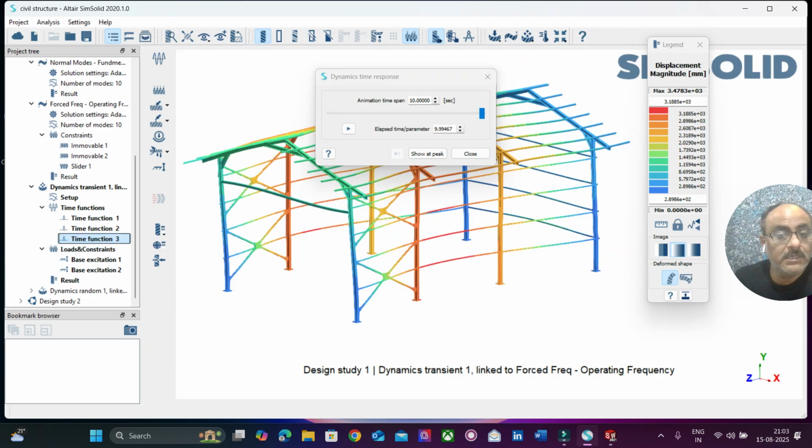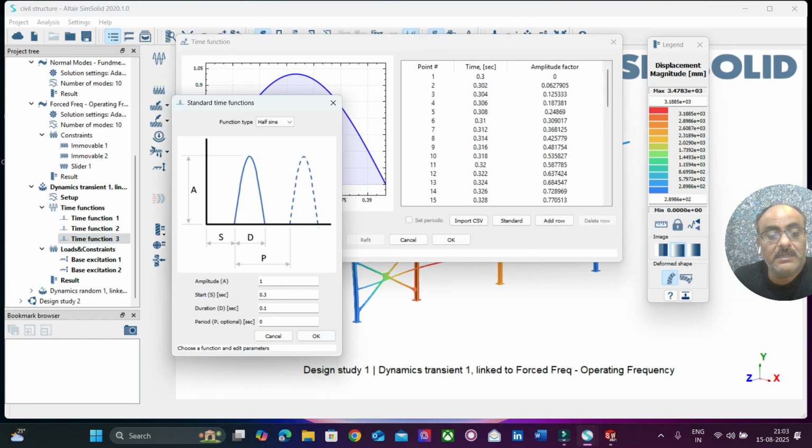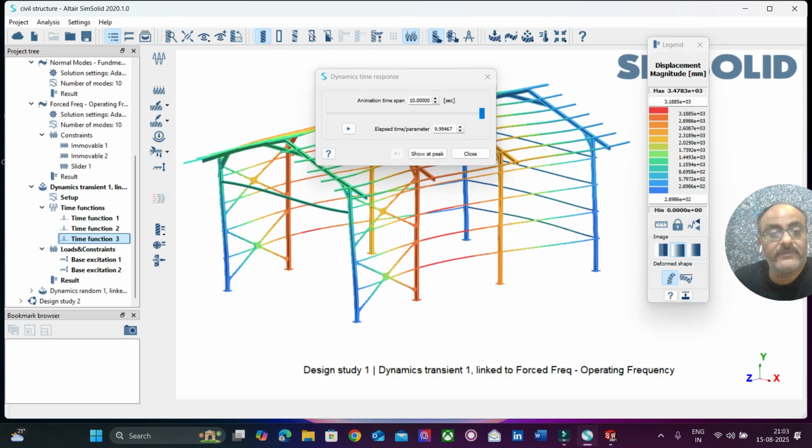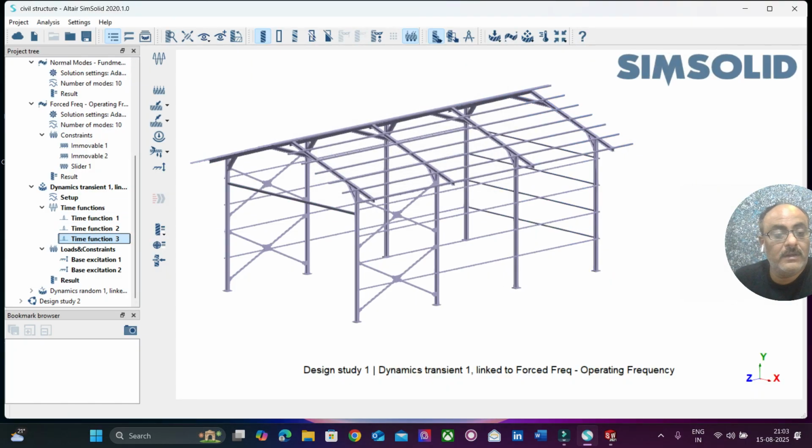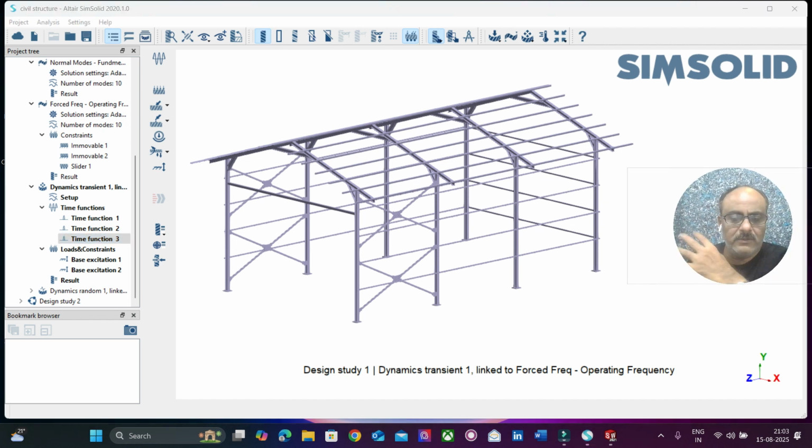There are three time functions given, and once they are given, we have to give an excitation. That is usually the base excitation. We call it base excitation because these kinds of loads act all of a sudden. An earthquake can be a sudden force, that is a seismic load, and a wind load, a sudden hurricane or cyclone, can all be time dependent.